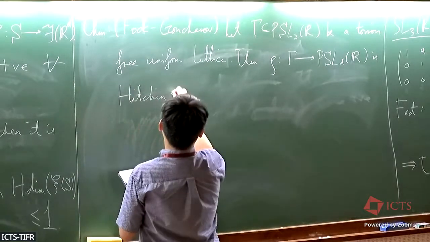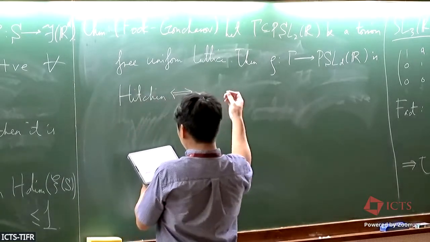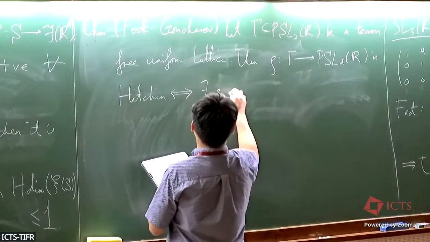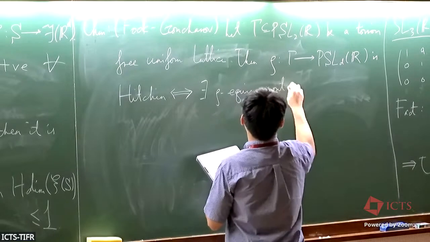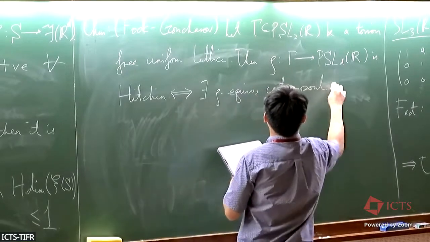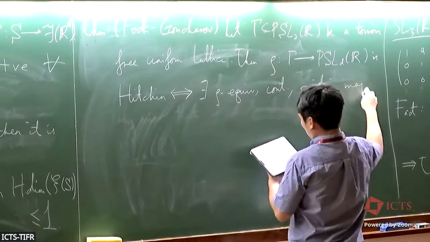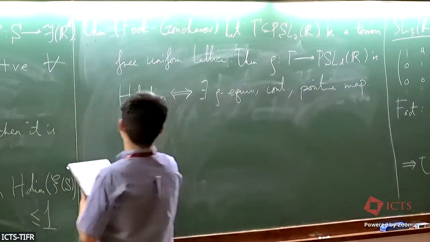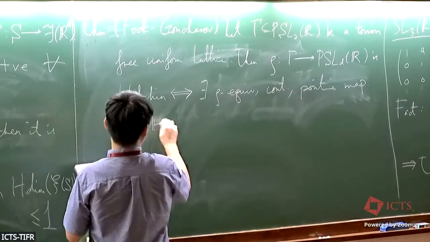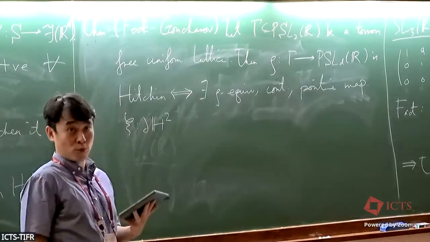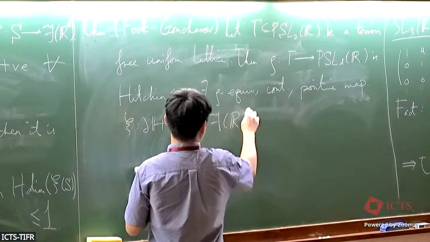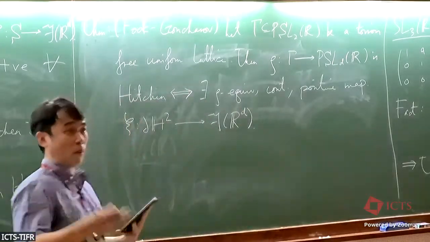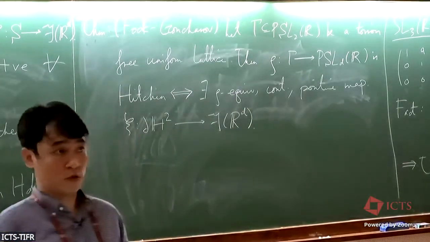So a representation is Hitchin if and only if there exists a rho-equivariant, continuous, positive map from the limit set, which in this case is the entire visual boundary of H2, to F_R^d. So this is a characterization, right, of those representations you can get from deforming the Fuchsian ones.